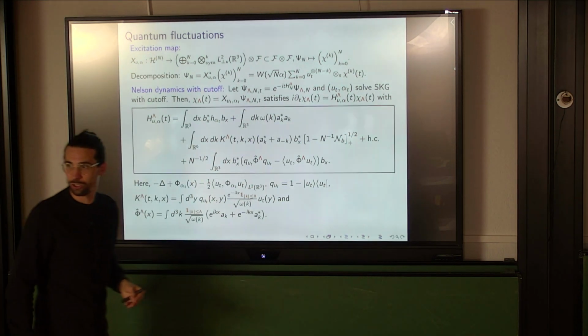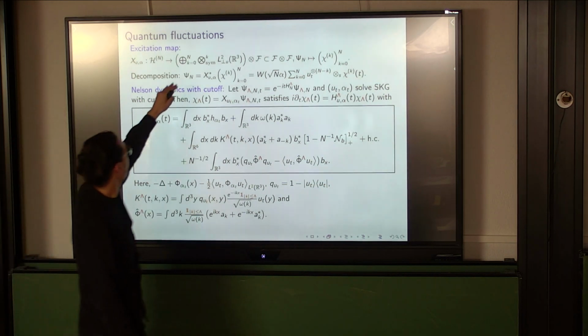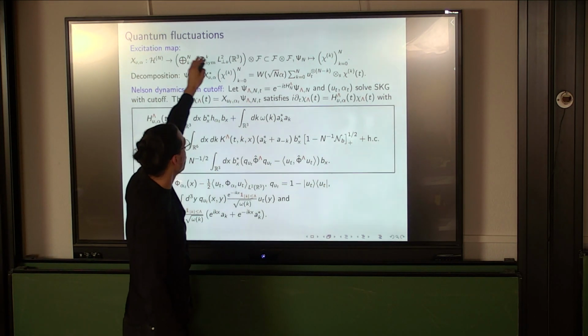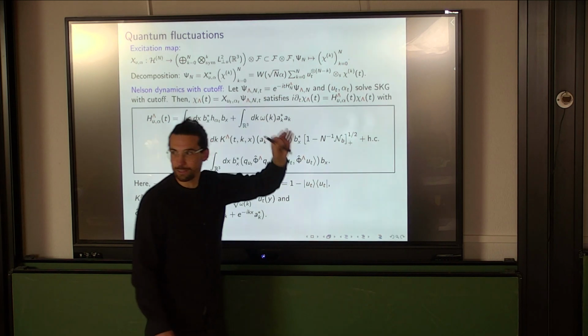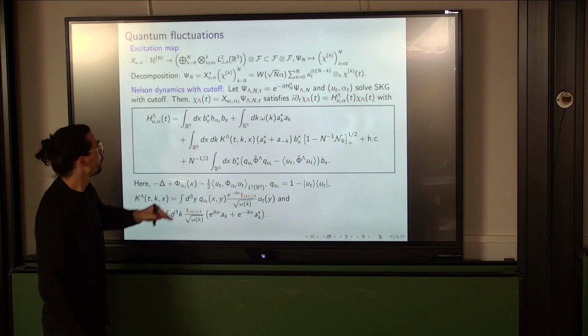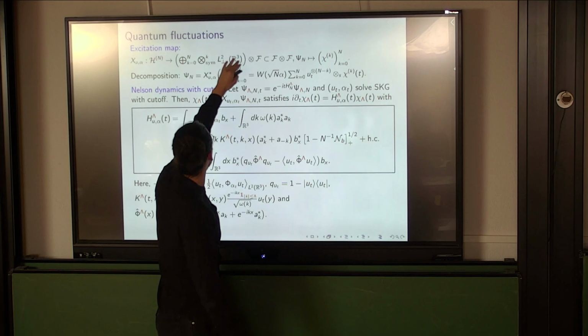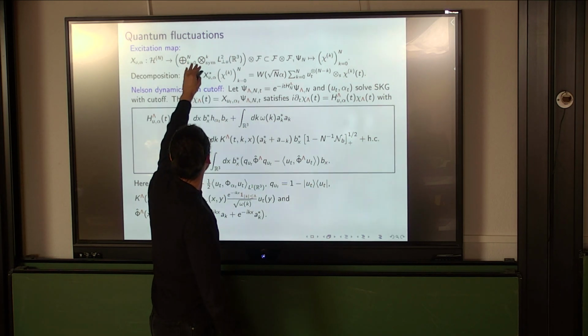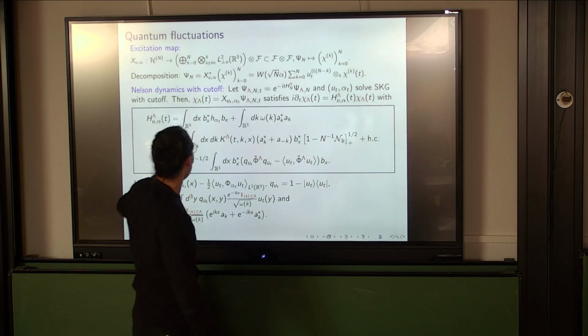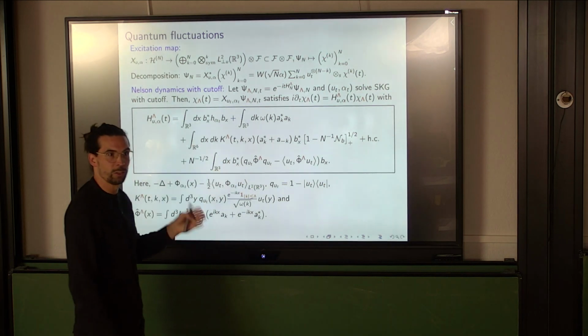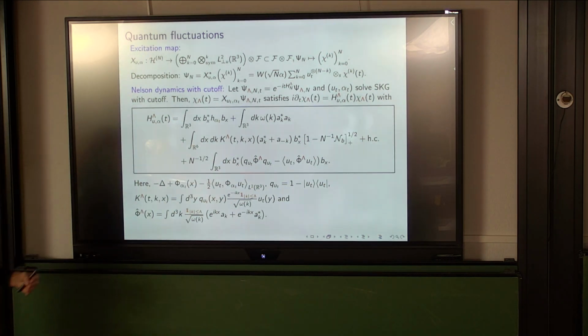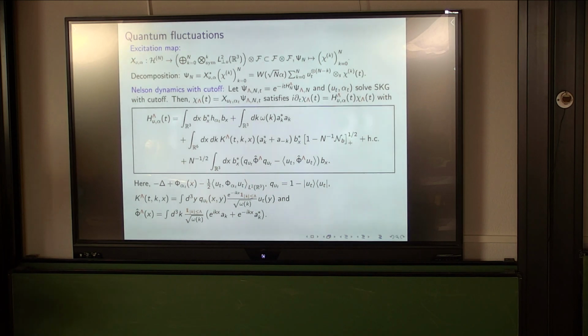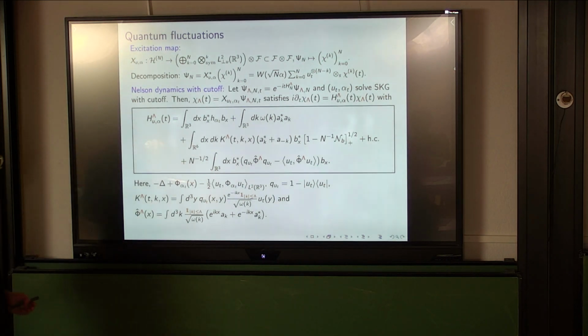In the following I will always denote this truncated Fock space, which one can also see as a subspace of a double Fock space, and all quantities with respect to the first Fock space, which describe the particles, will be denoted by b. So b_x, b_x star are the creation and annihilation operators of particle excitations above the condensate.